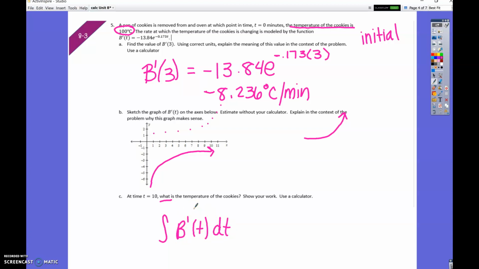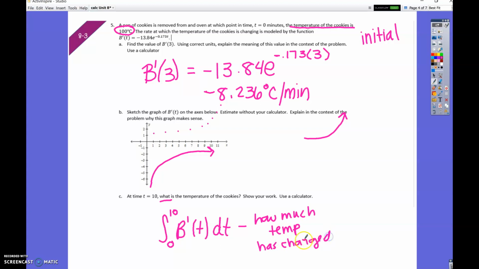What is the actual temperature in 10 minutes? So if we integrate the rate at which they're cooling from 0 to 10, we will get how much the temperature has changed over those 10 minutes.